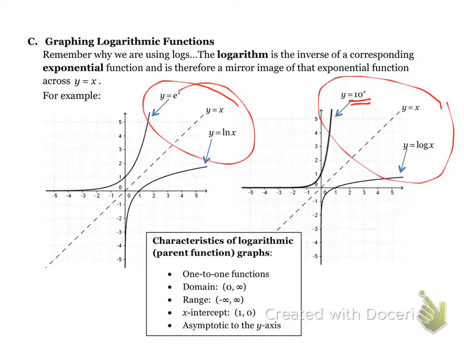So very similar but also opposite of our exponentials. They are one-to-one functions. Note here that the domain now has a restriction because we have this asymptote of the y-axis, which is a vertical asymptote. The range is now always all real numbers, and our x-intercept now, not our y, is 1, 0.